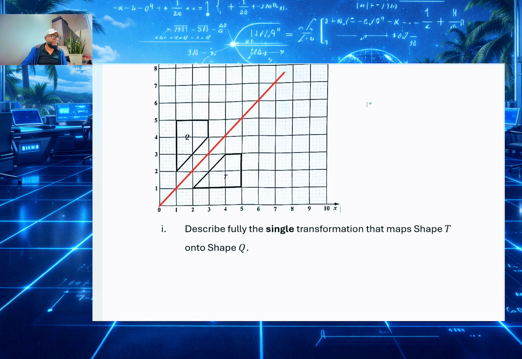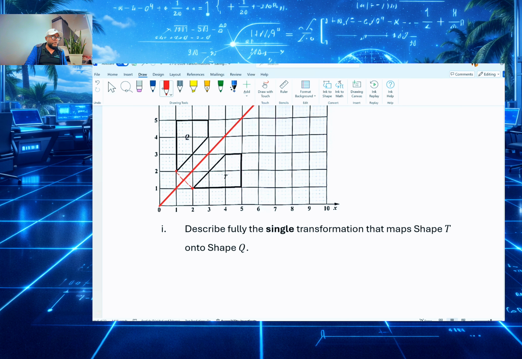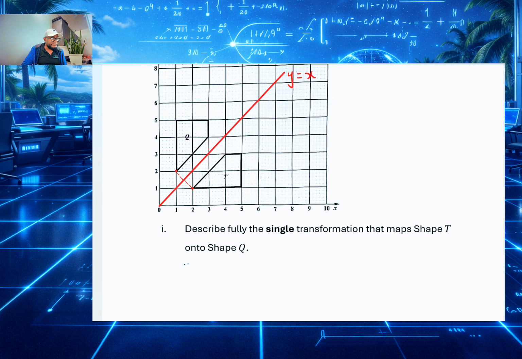Let me put that here. I'm going to label it y is equal to x. So look at it here. This coordinate here is half a box away diagonally, and the other one is half a box away. You all see that? Each coordinate is on the other side, so it flips. So this here would be the actual single transformation.